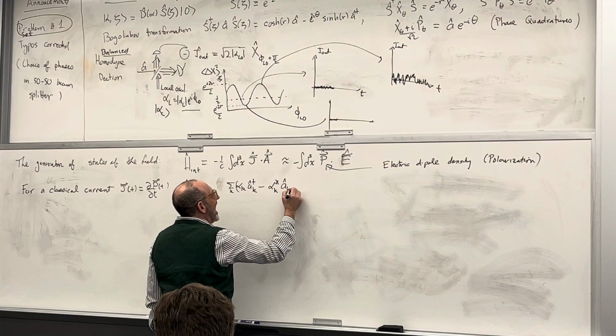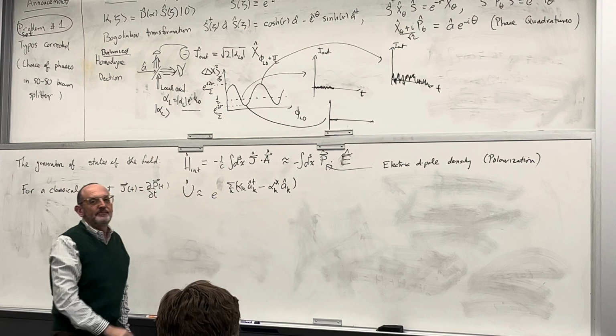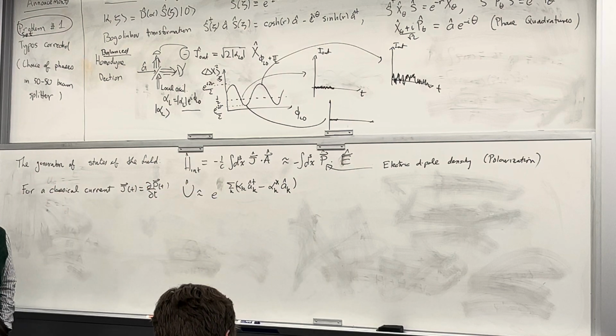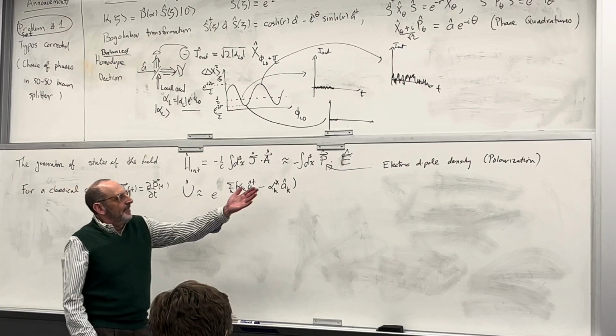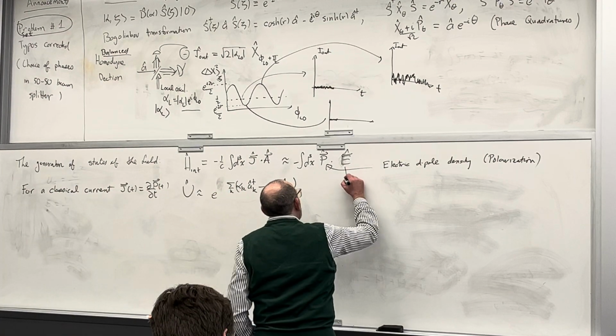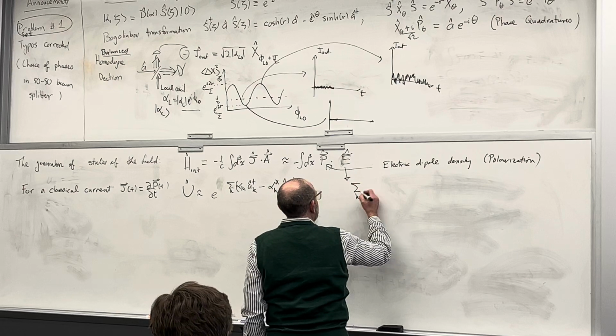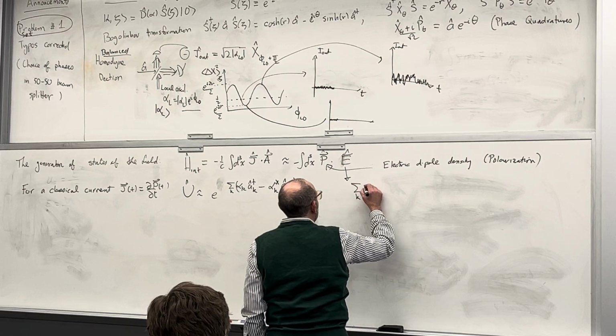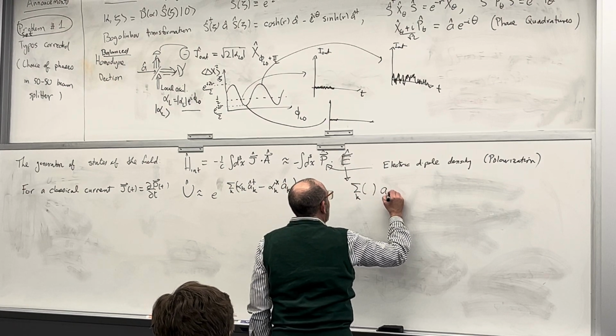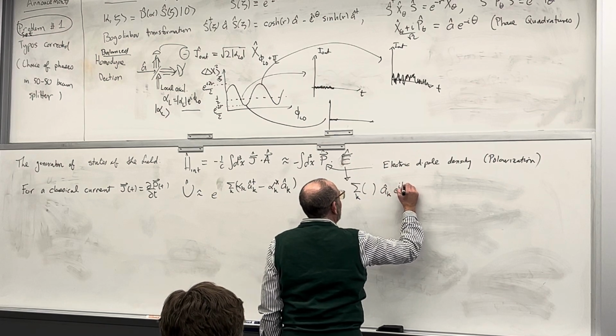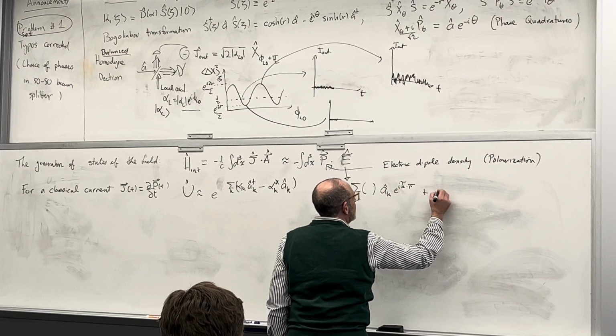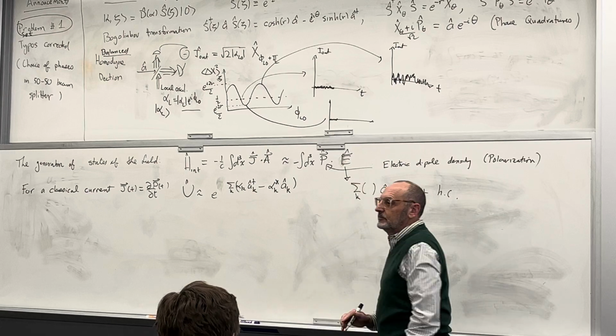Why does it have to have this form? Well, of course we know that the field itself is some sum over the modes, with something a_k e to the ik dot r plus Hermitian conjugate, right?